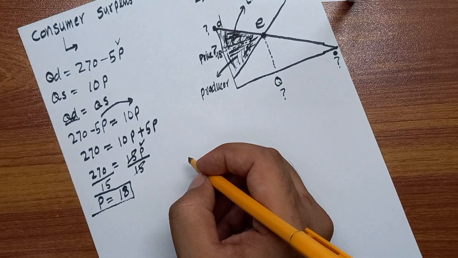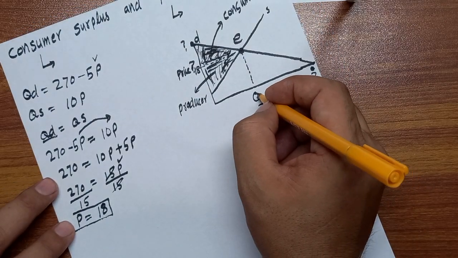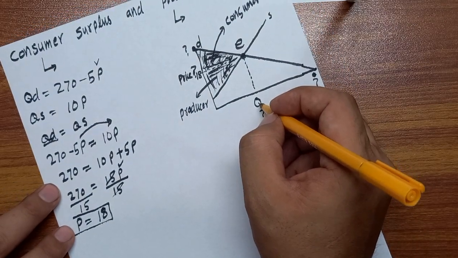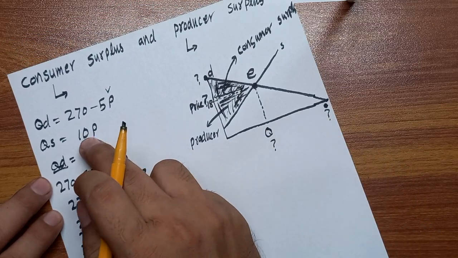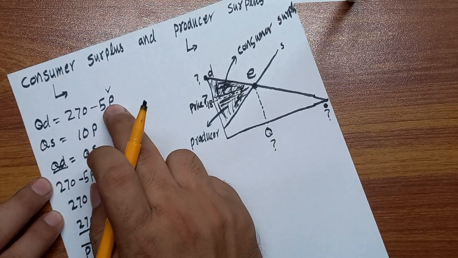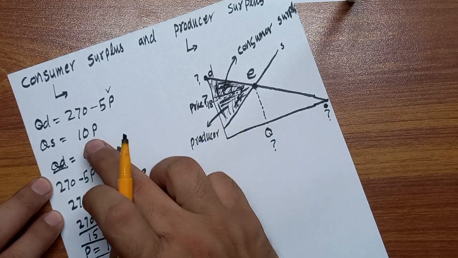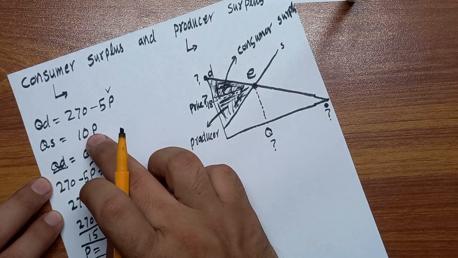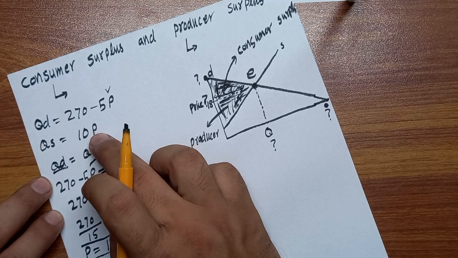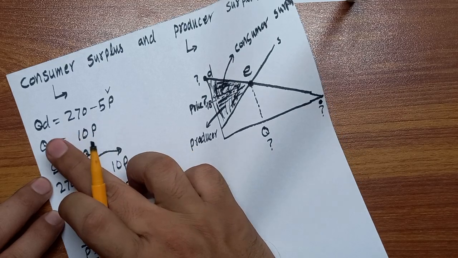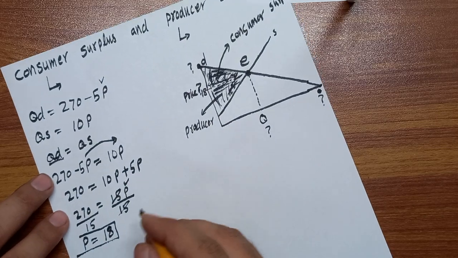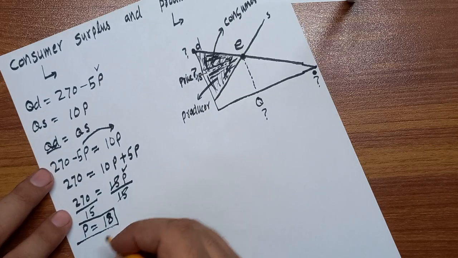Now we will find the quantity. For the quantity, we will put the price in this equation, or in this equation, and we will get the quantity Q. This equation is a bit easier, so I will put the price here and calculate the quantity.